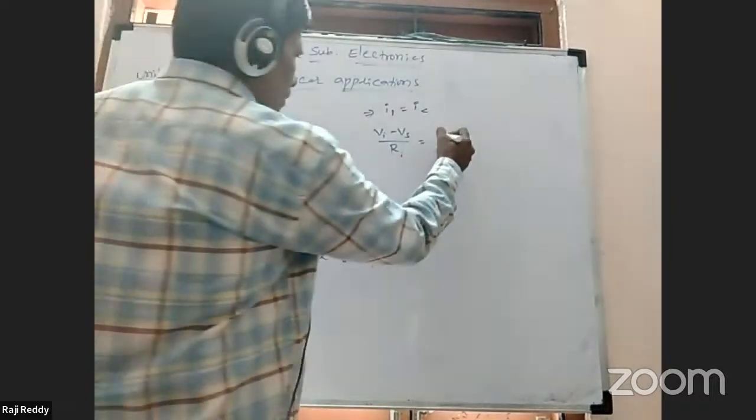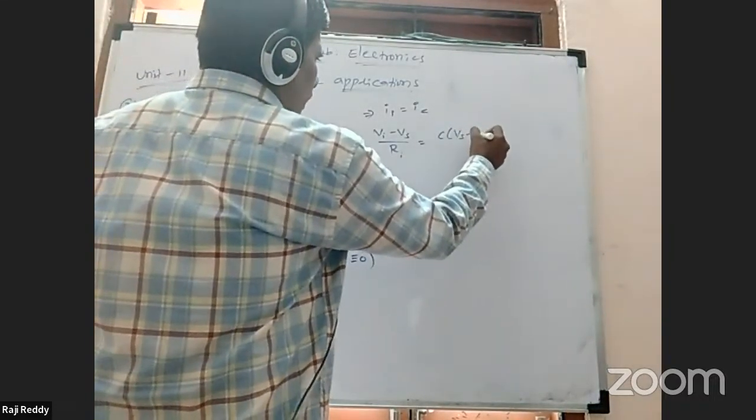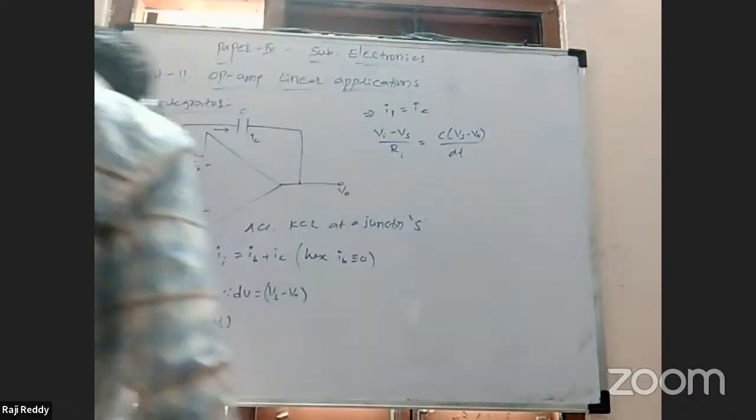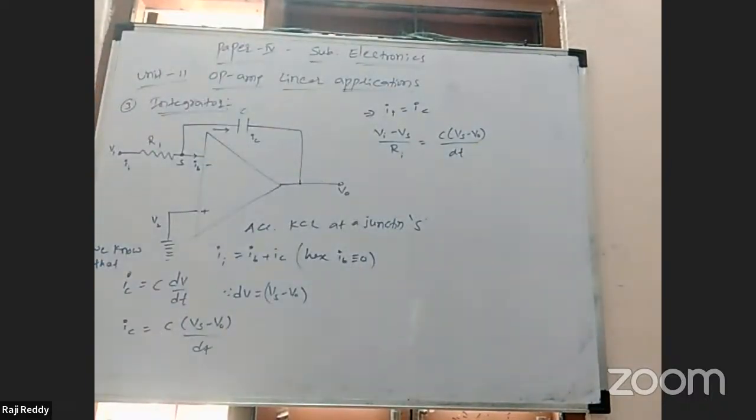IC is equal to C into (Vs minus V naught) by dt. From that you can calculate V naught is equal to something.